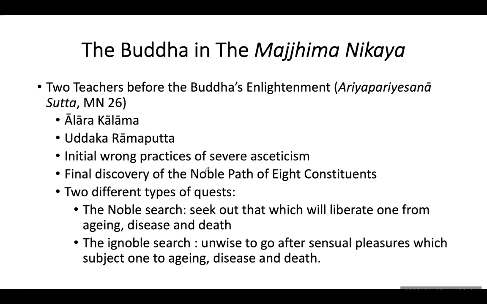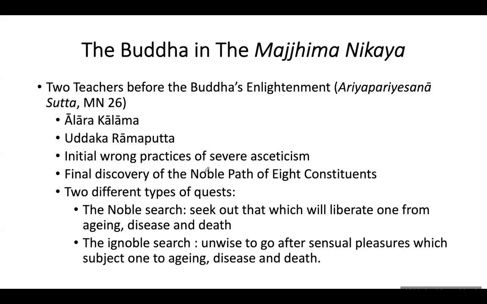Mara, M-A-R-A, is like a personalized form of death. There is birth and death, and this Mara manages the death of people. Death is an abstract concept, but this concept can be personalized, so it feels like someone controls or manages death. That person is called Mara.